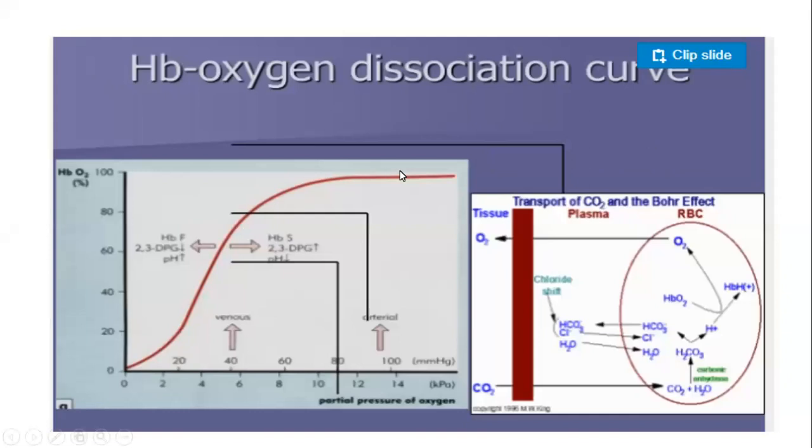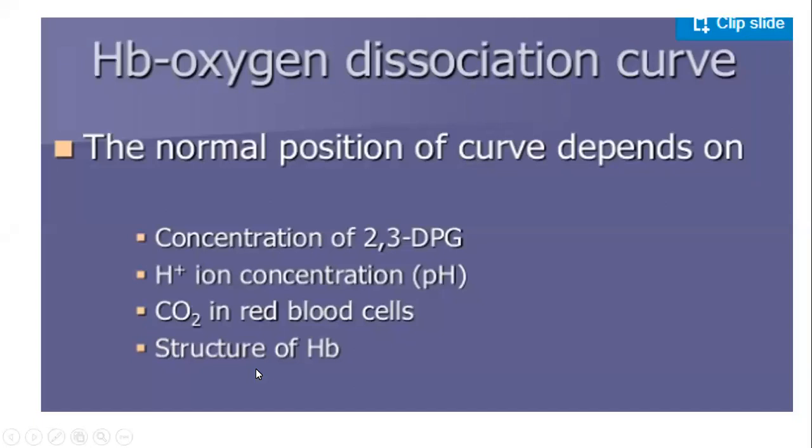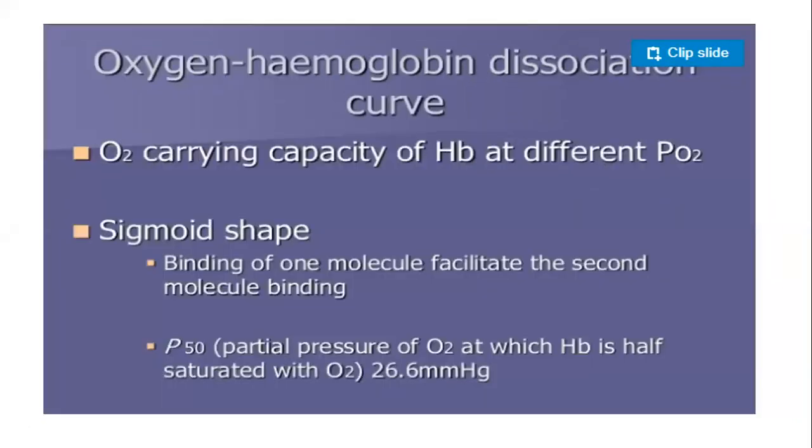The y-axis is the amount of hemoglobin that has oxygen, while the x-axis is the partial pressure of oxygen. This kind of curve gives you a sigmoid shape that can assist you to make assessments quickly on how much oxygen can bind onto the hemoglobin depending on the partial pressure of the oxygen.